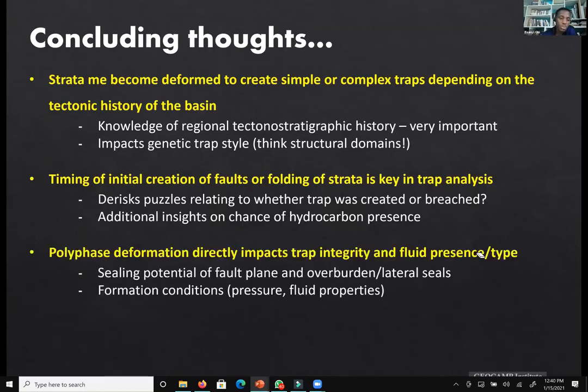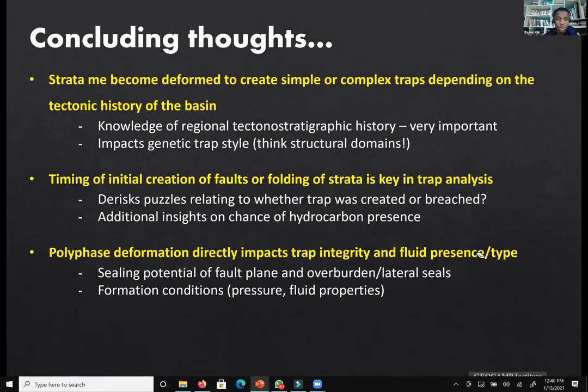And another thing we tried to say is that polyphase deformation is one element that has direct impact on our trap integrity and our chance of finding any or specific type of fluid, because you may have an original working system at a particular time, but through time that trap may either become amplified in its quality or become degraded due to multiple phases of deformation that may have happened much later.